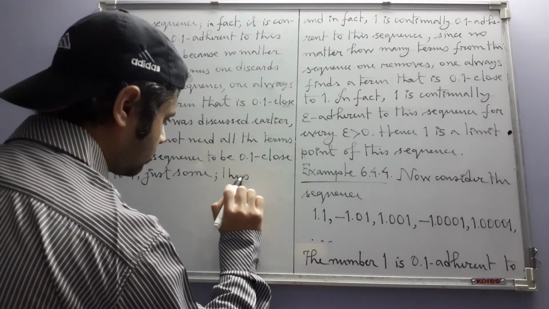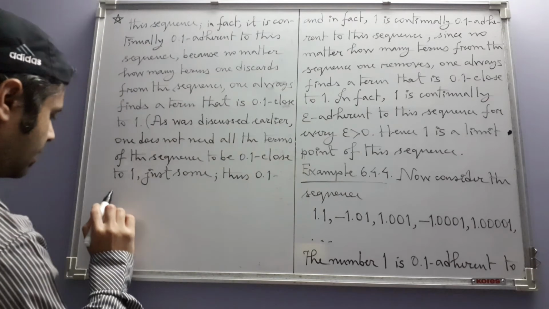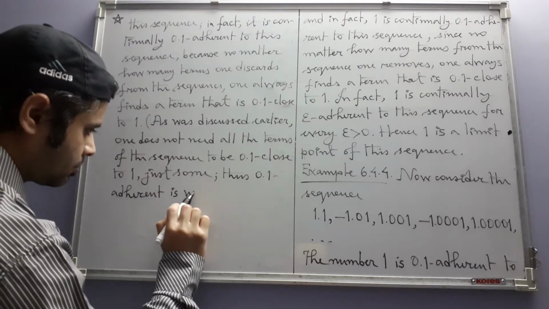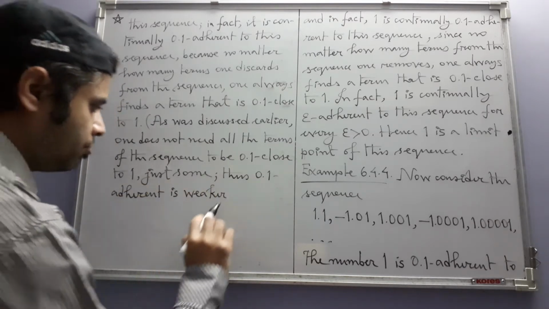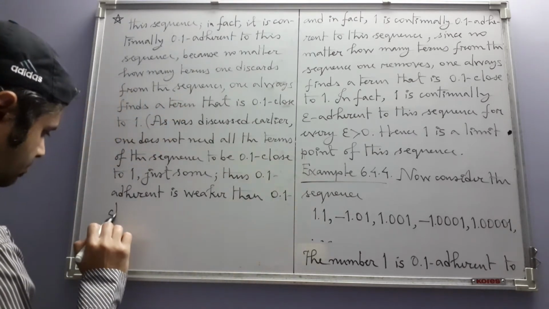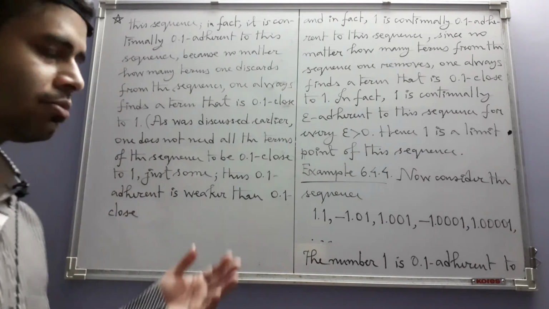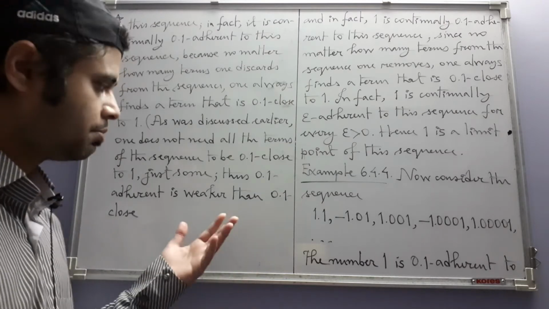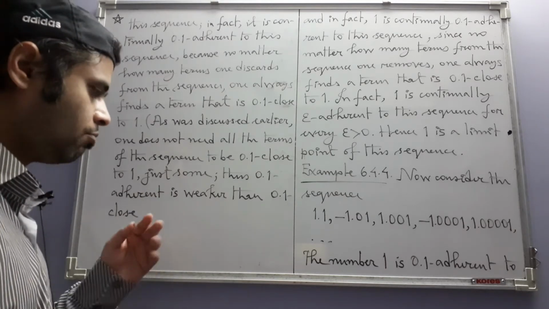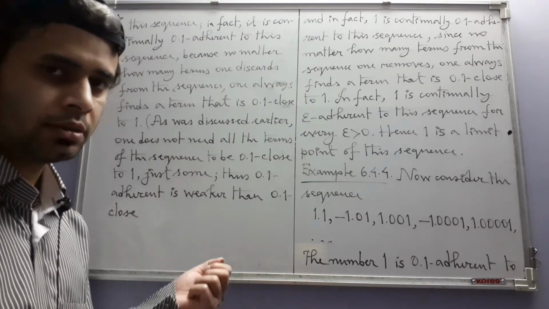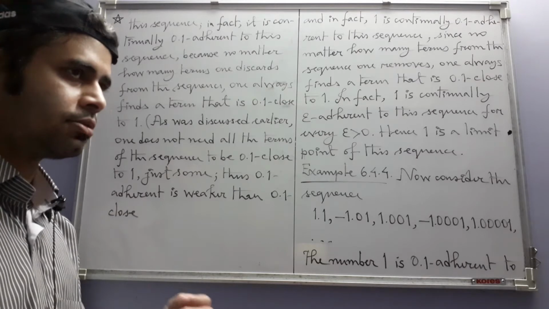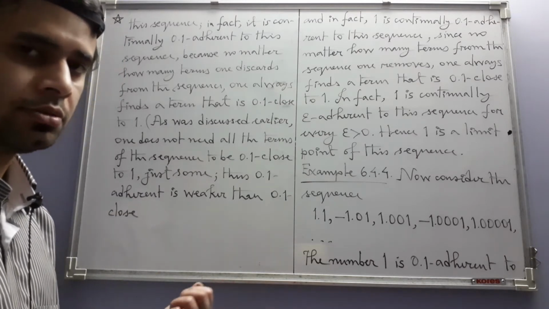Thus 0.1 adherent is weaker than 0.1 close, because 0.1 closeness demands much more than 0.1 adherence. 0.1 adherence demands that only one term be 0.1 close to the real number 1, whereas 0.1 close demands that all the terms be 0.1 close to 1.